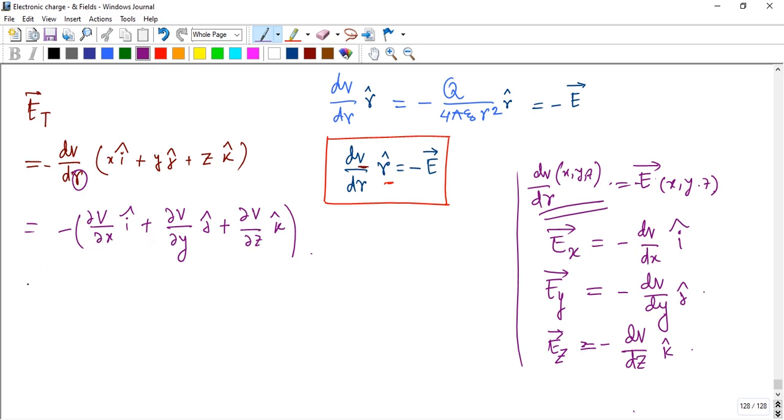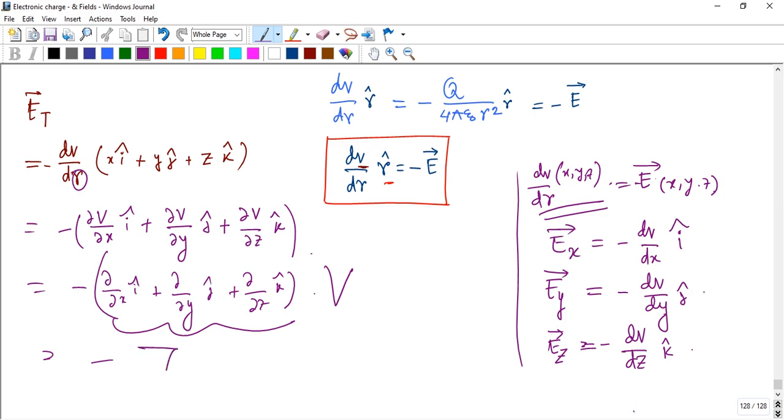So del x i cap plus del y j cap plus del z k cap times V common in these three. That is called grad. That sign is called grad. That is E, the electric field, E equal to minus grad V.